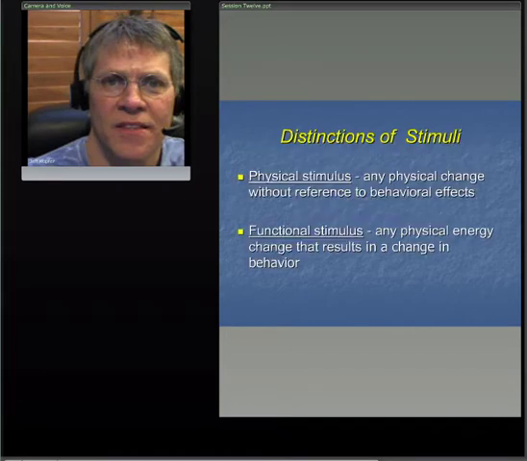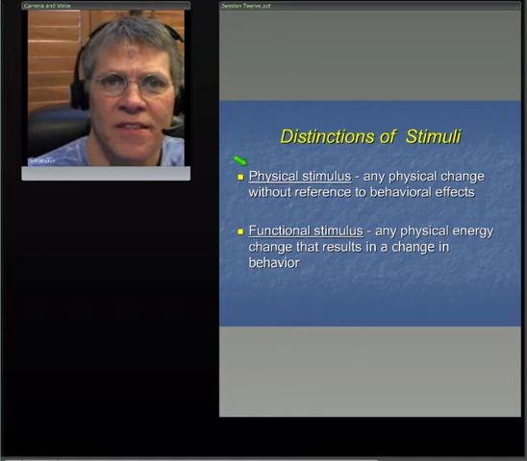In the world around us, we have to remember that we are constantly bombarded by stimuli that are changing all the time. That is, lights are flickering, temperatures are changing, sounds are happening, all sorts of things around us. And they really don't exert much control over behavior. We don't stop and think about these things, yet these are constantly happening around us.